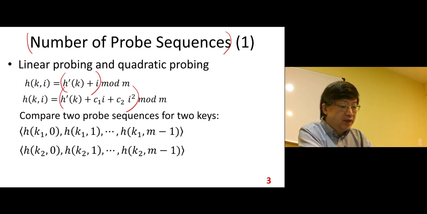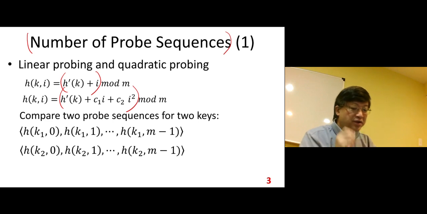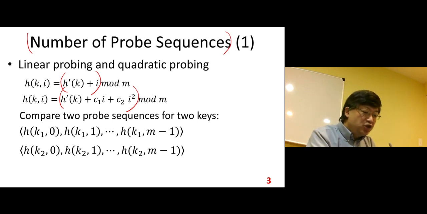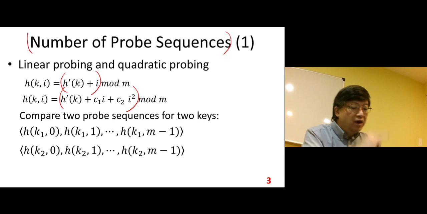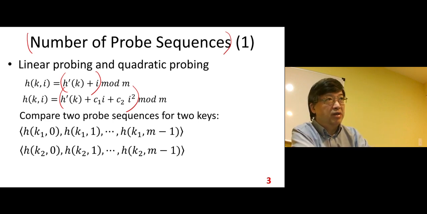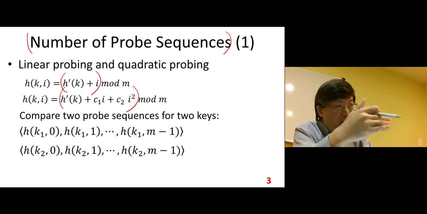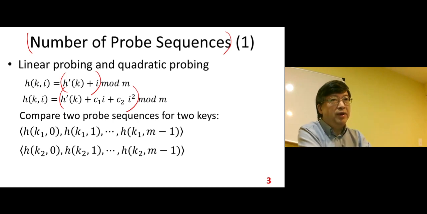The H can be used for linear or quadratic. You have to use the same hash function, but you can use either linear probing or quadratic probing because in this aspect, they have the same property.